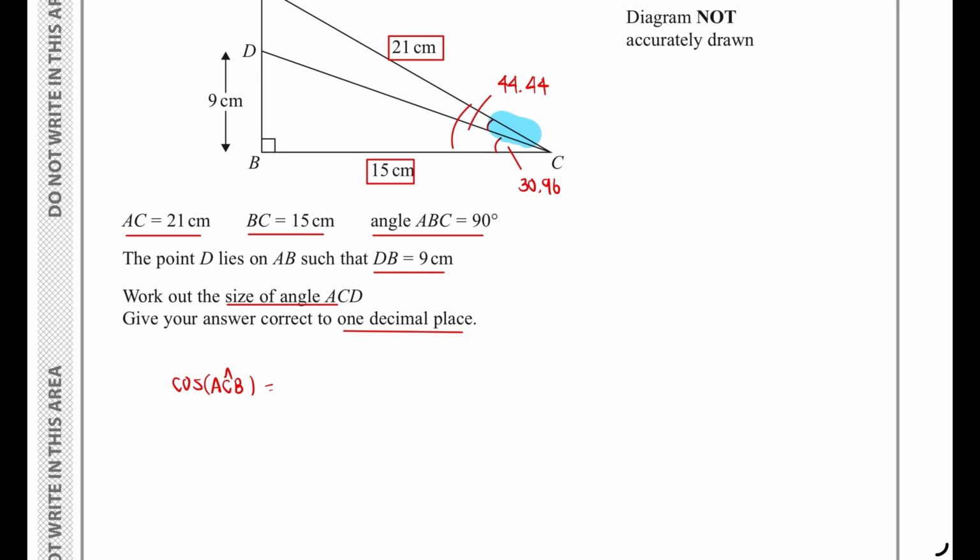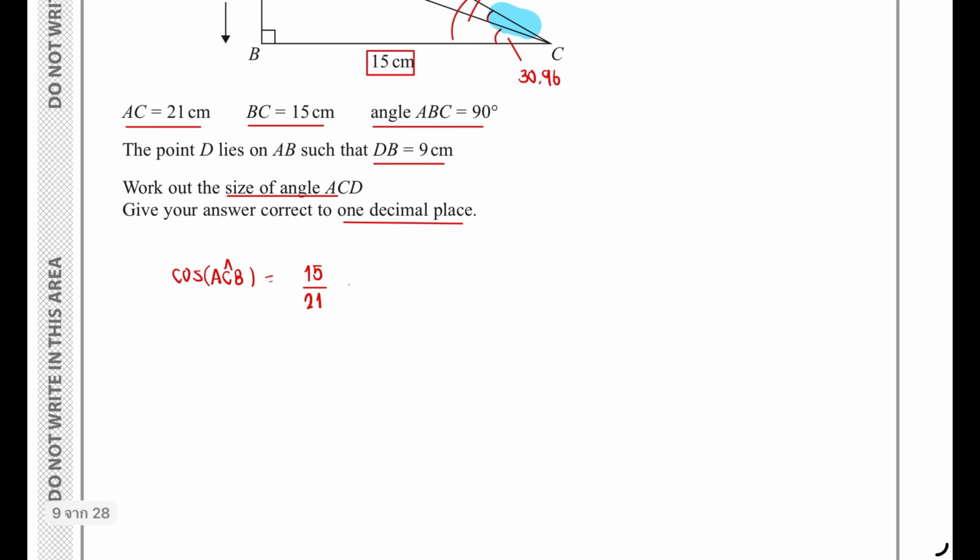So cos of ACB equal to 15 over 21. So if we make it in simplest form, it will be equal to 5 over 7. And then angle ACB will be equal to the arc cos of 5 over 7.